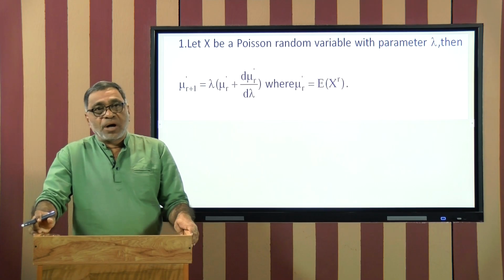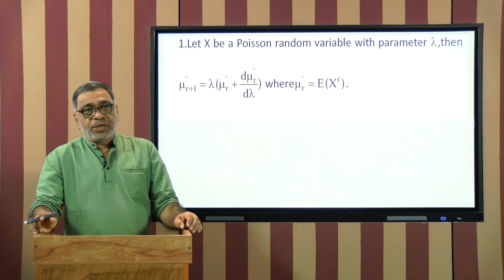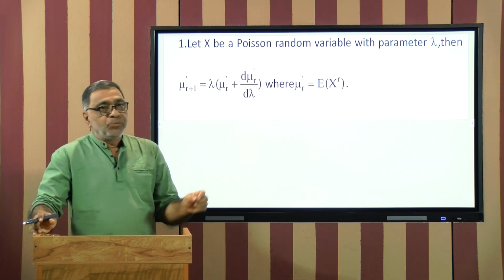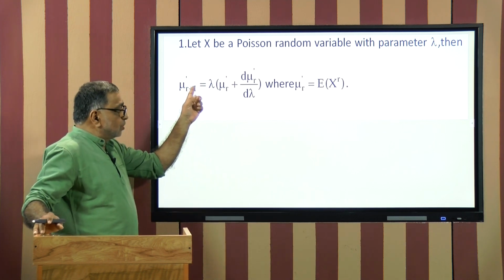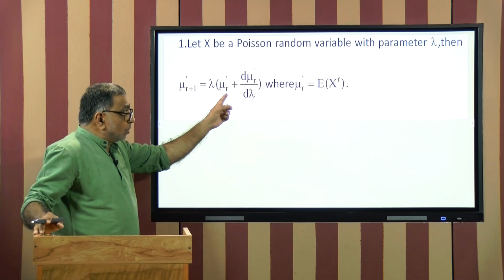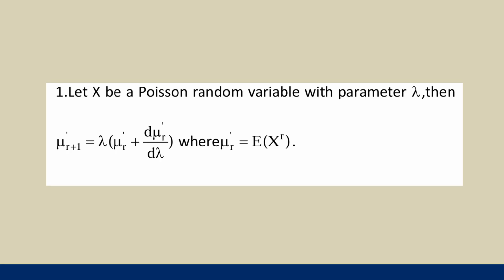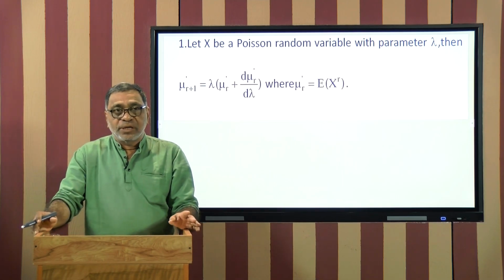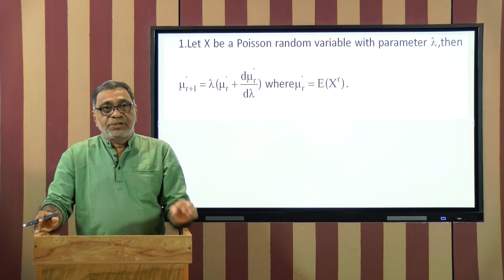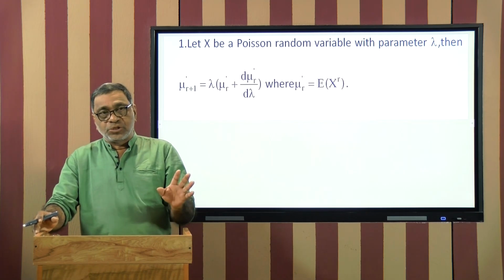Then mu r dash is obtained on the basis of the recurrence relationship: mu r plus 1 dash is equal to lambda into mu r dash plus d mu r dash divided by d lambda, or the derivative of mu r dash with respect to lambda. So, this we usually call a recurrence relationship between arbitrary moments of the Poisson distribution.